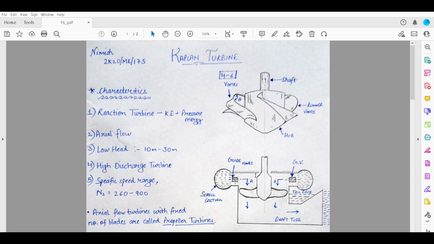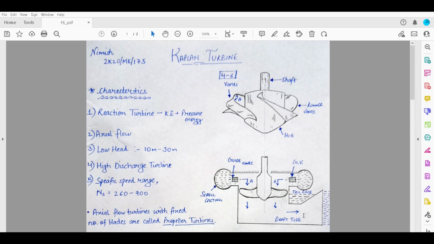Moving ahead, when the water hits the runner in an axial manner, the runner rotates and then the water moves to the draft tube. This is a very important component of the Kaplan turbine system.